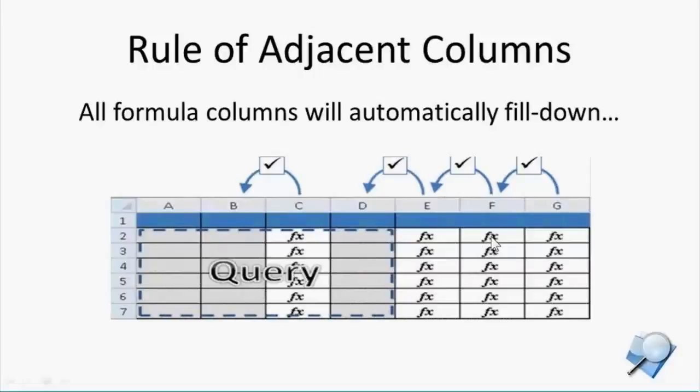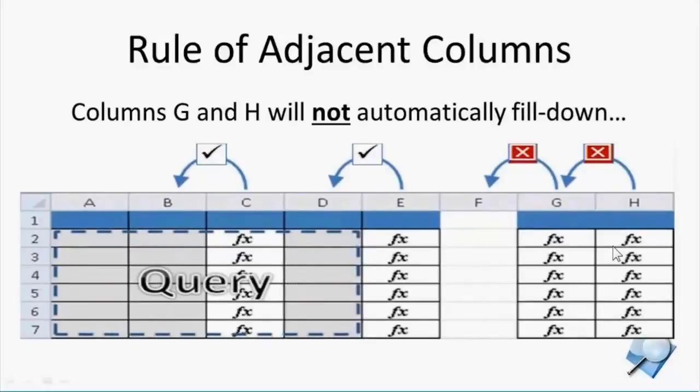For this formula, the column to the left is a formula that satisfies the rule, and so on and so forth. Or another way to think about it is if I just go left to right, query, query, formula, query, formula, formula, there's no break in there, so everything is continuous. All the formulas copy down, no problem.